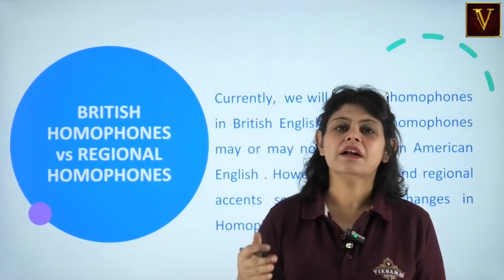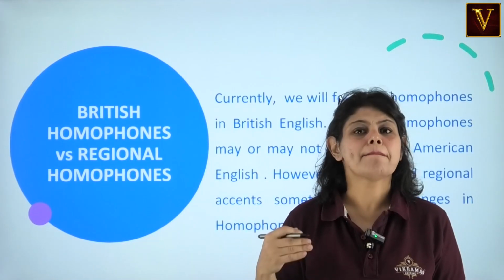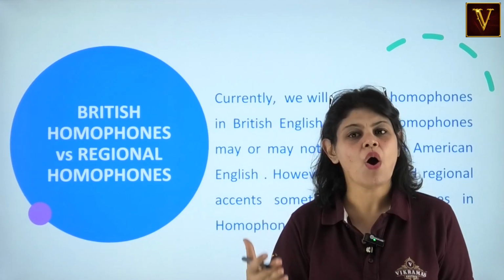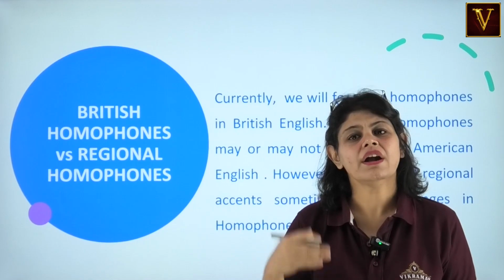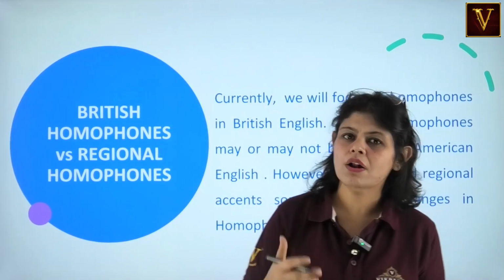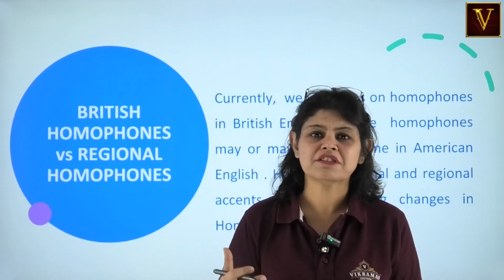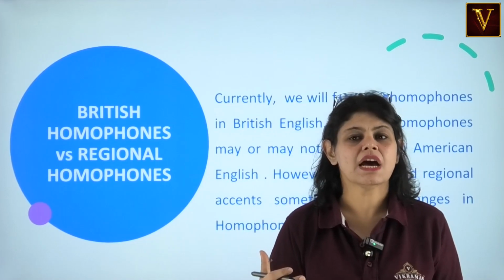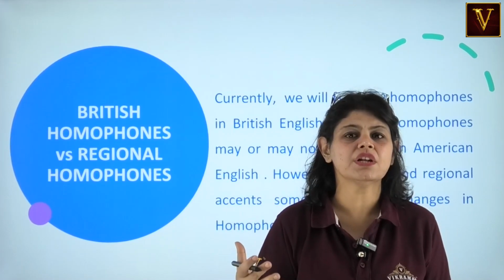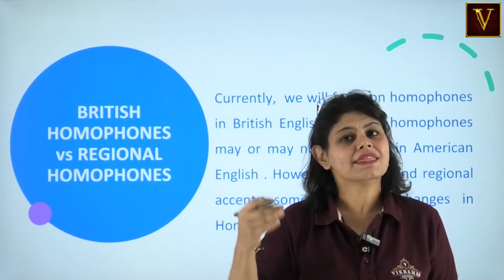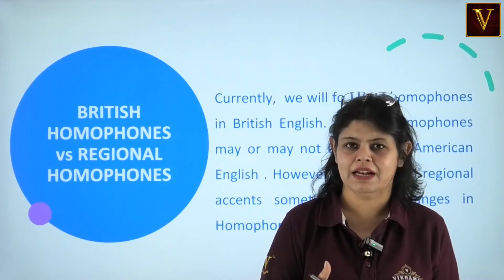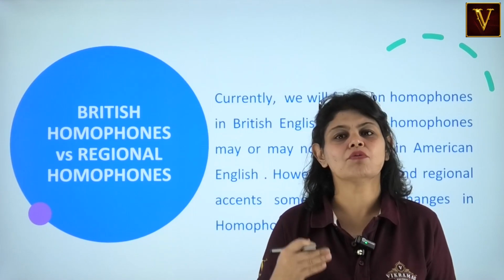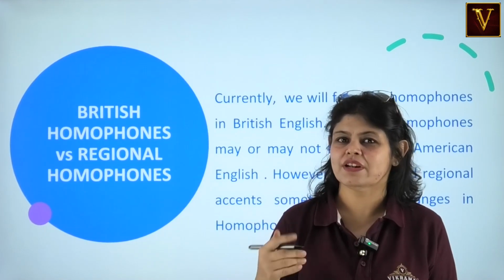But these words may or may not be homophones in other nations or in other regions, all because they might be completely affected by the pronunciation of the places over there. They may or may not even be homophones in American English, but certainly they are homophones in British English, right?